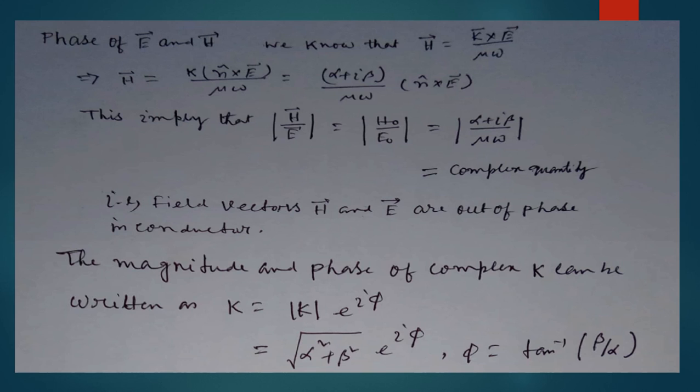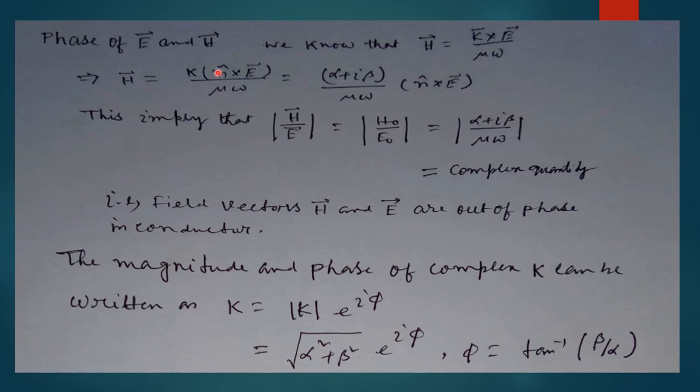Phase of electric field vector E and magnetic field vector H. We know that H is equal to k cross E by mu omega, where H is equal to k into n cross E by mu omega.